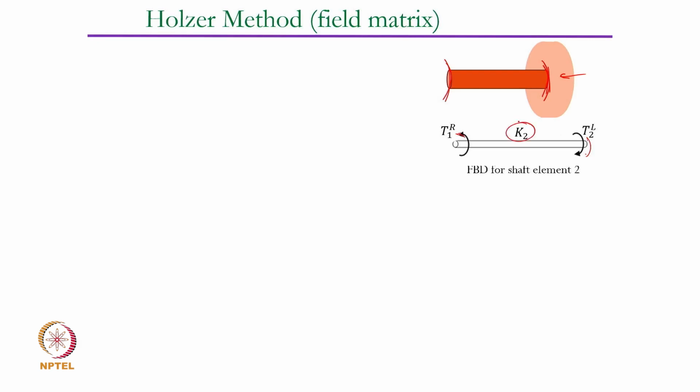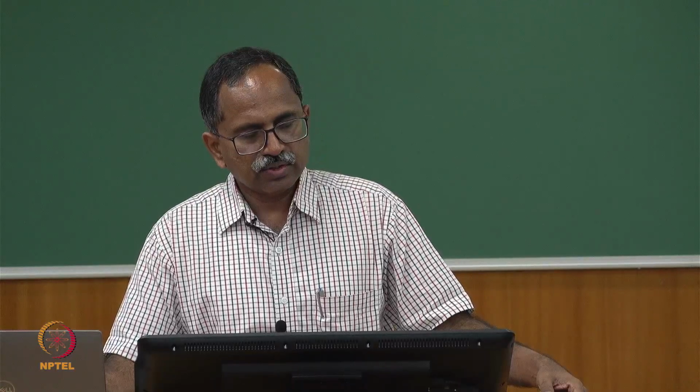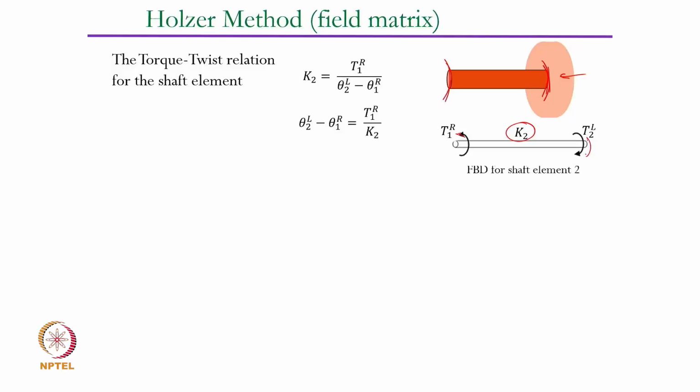The torsional stiffness, if it is characterized by K2, then we can write a force balance. Now this is a static force balance. The torque-twist relation, we all know, is that the torsional stiffness is given by torque divided by the net twist in the shaft, that is theta 2L minus theta 1R.